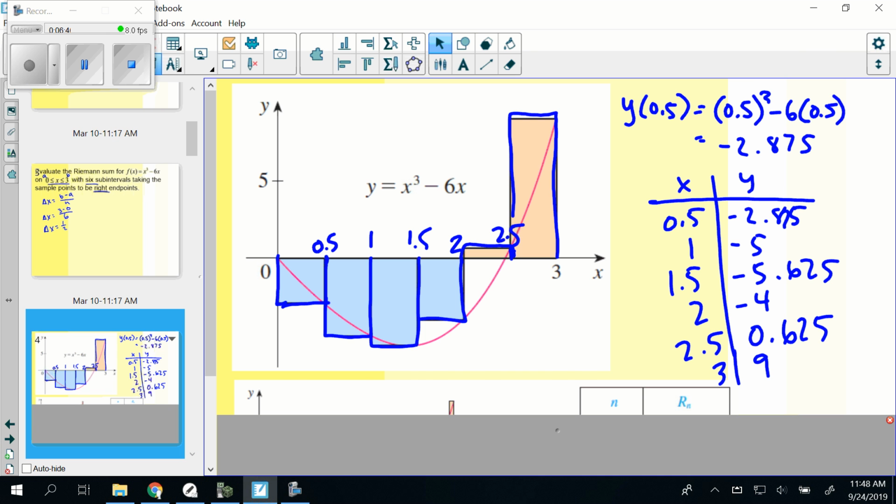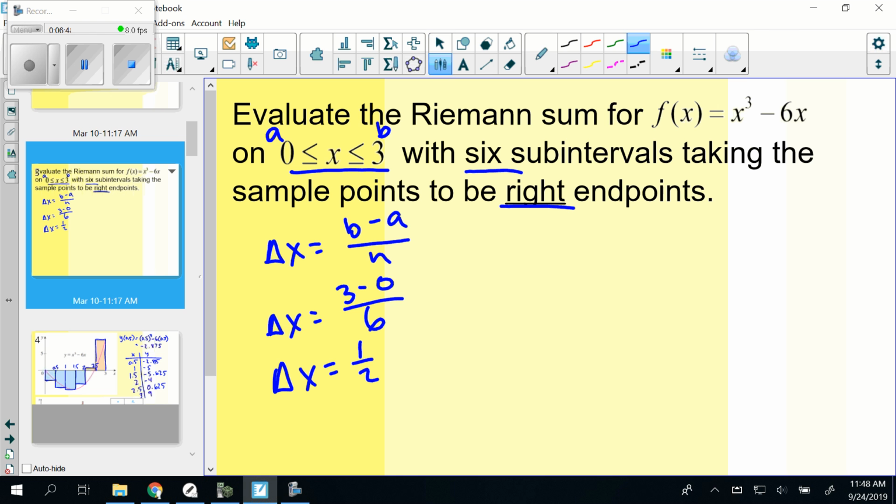So now when we're setting up this Riemann sum, I'll use R for right endpoints, and I'll use a subscript of 6 since we're doing 6 subintervals. It would be the summation of all those areas of the rectangles. Remember, the area of a rectangle is going to be half times the height.